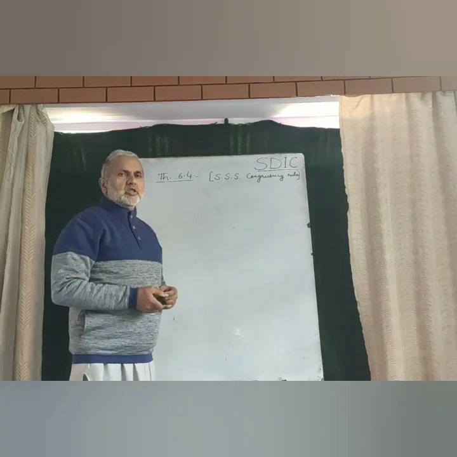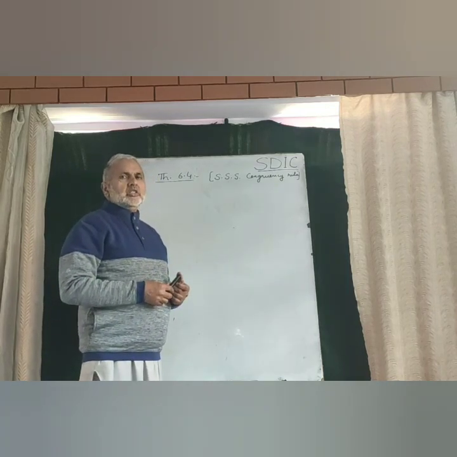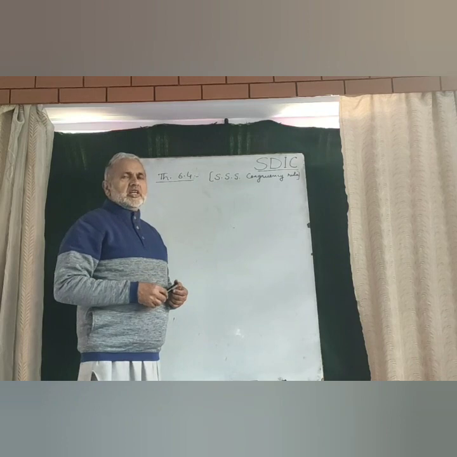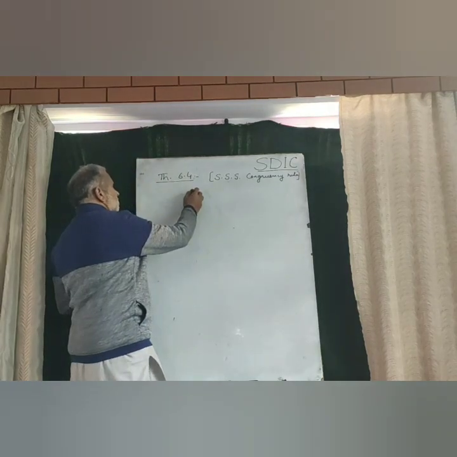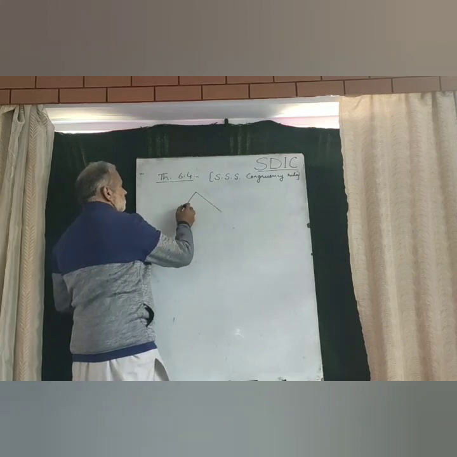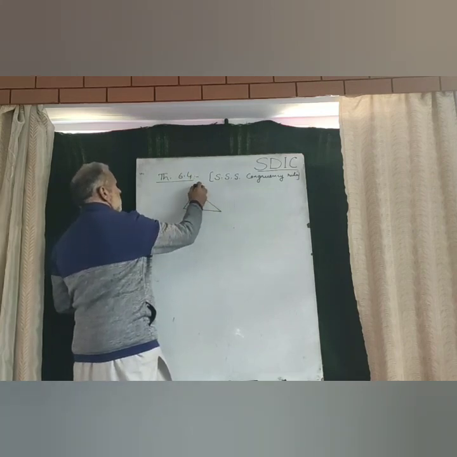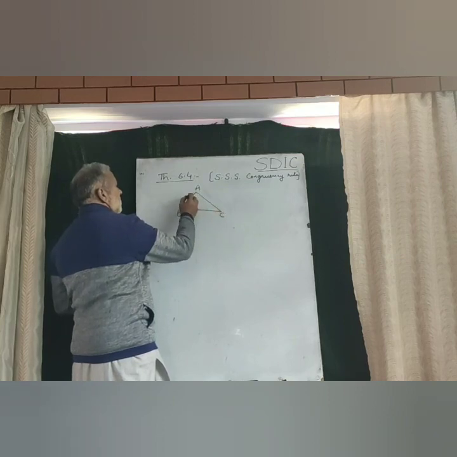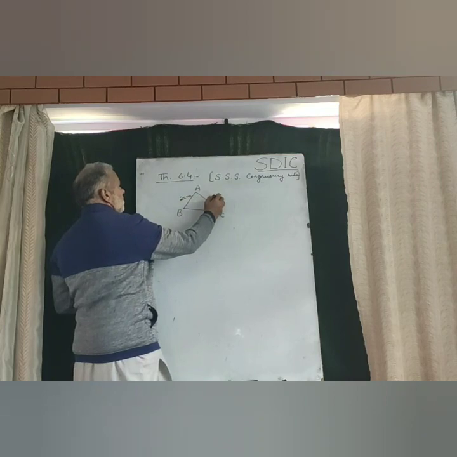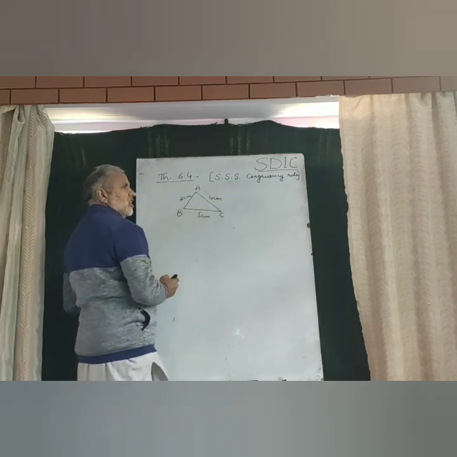For example, the first triangle we call ABC, and the measurements of sides, suppose we have 2 centimeter, 4 centimeter and 5 centimeter.